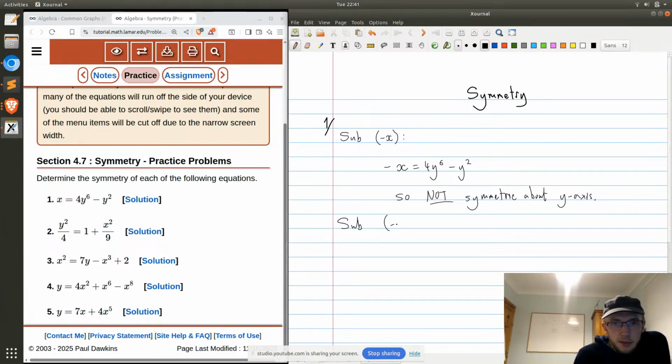And now sub negative y. Maybe I should also say sub negative x for x, sub negative y for y, like that. Yeah, that's pretty clear, right? So let's see, what do I get? I get x equals 4, open brackets, negative y.